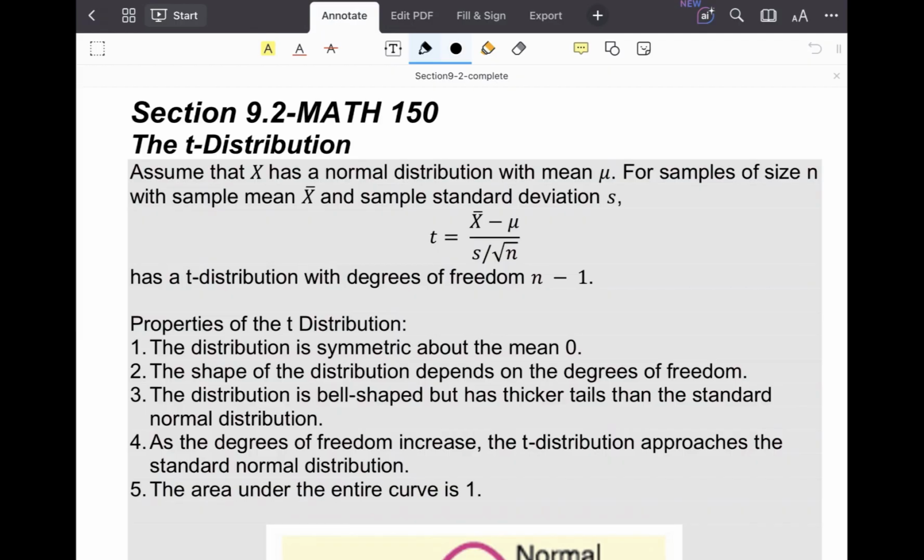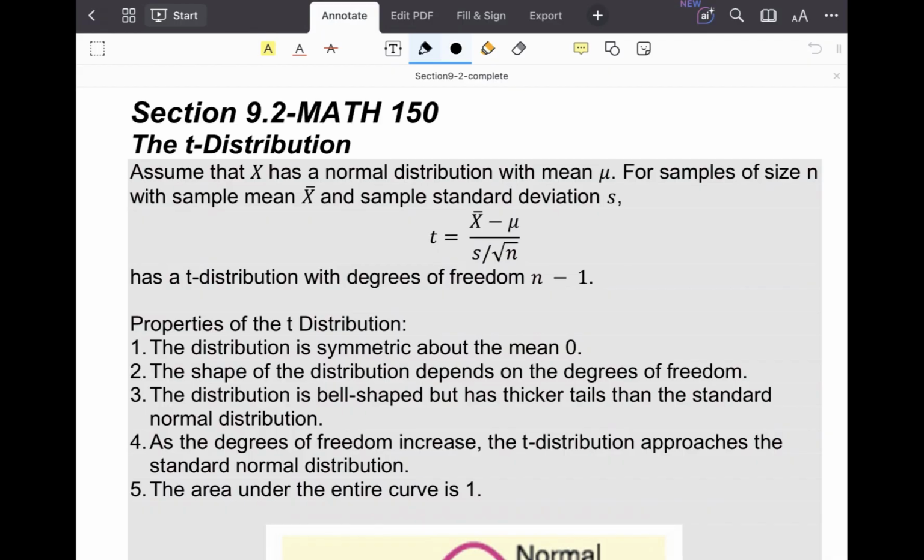Now, the t, I'm not sure what it stands for, but you may hear this distribution called a student t-distribution. A lot of people nowadays just call it the t-distribution, but the name student actually comes from the person who discovered it, who was a student at the time.